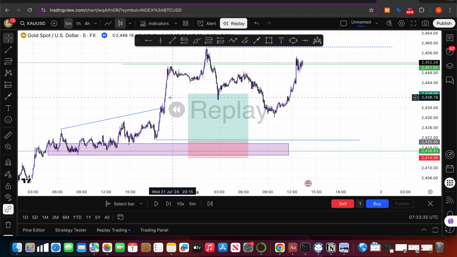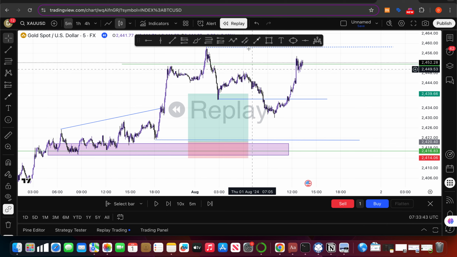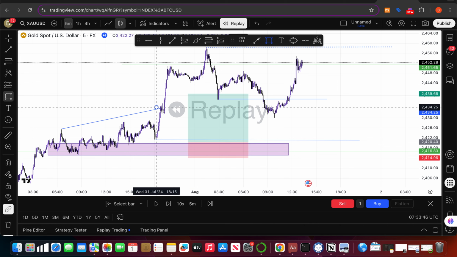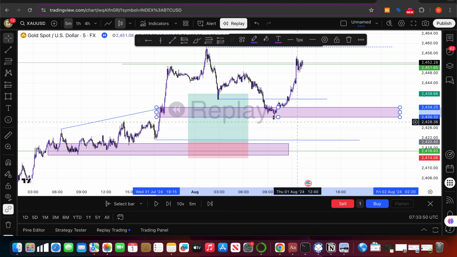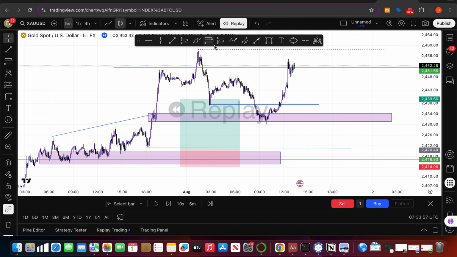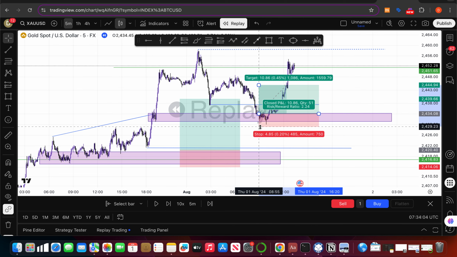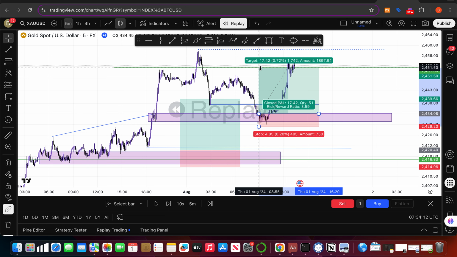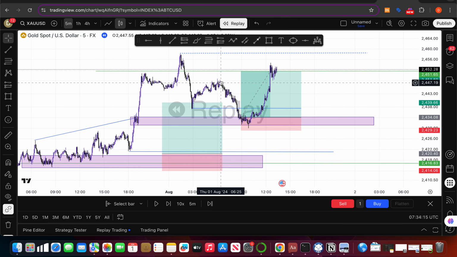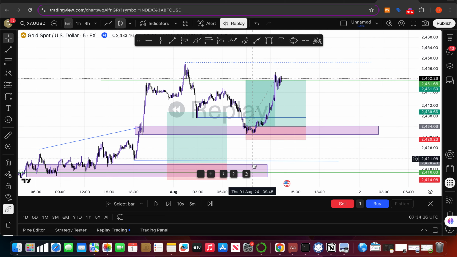Still another setup when I miss this structural liquidity. But I know it will come back. So yeah.